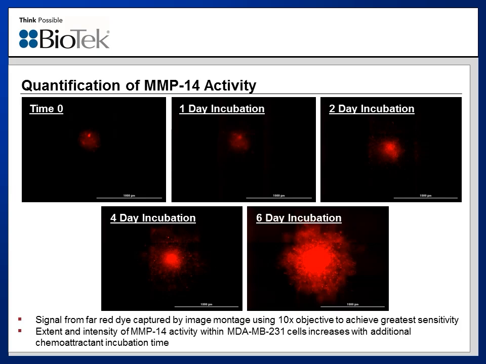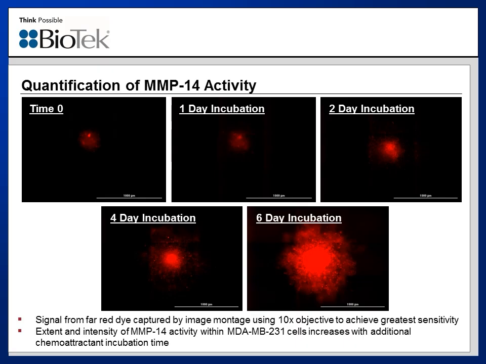The Sci5 imaging cube was used to properly excite and capture the emitted signal from the dye. As this is a redshifted dye, and at times the signal from these dyes in its wavelength range can be somewhat weaker than dyes in the blue or green range, we chose to perform the imaging using 10x magnification instead of 4x. This allowed us to capture the signal from the dye with greater sensitivity than would have otherwise been achieved.